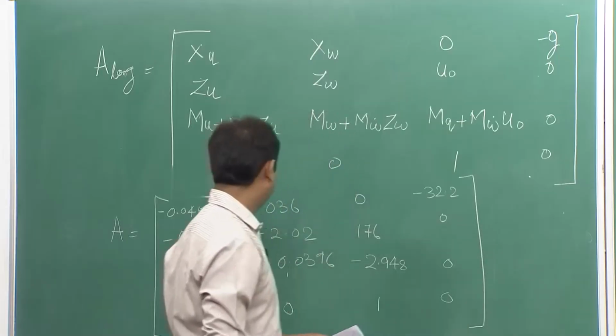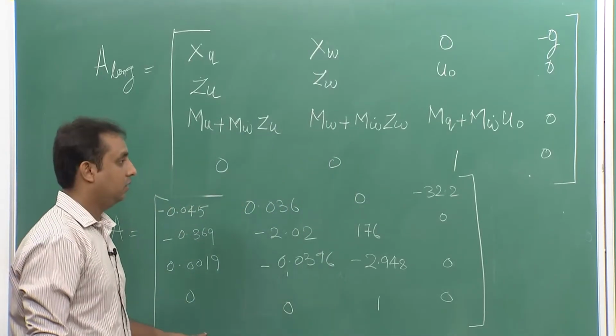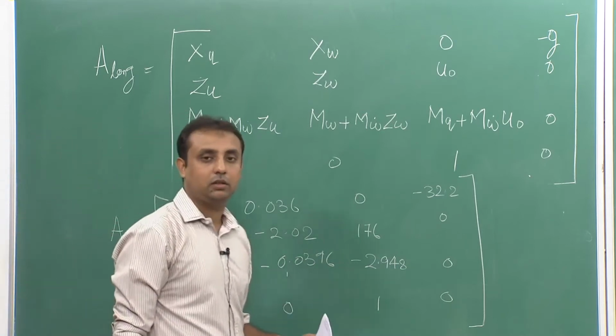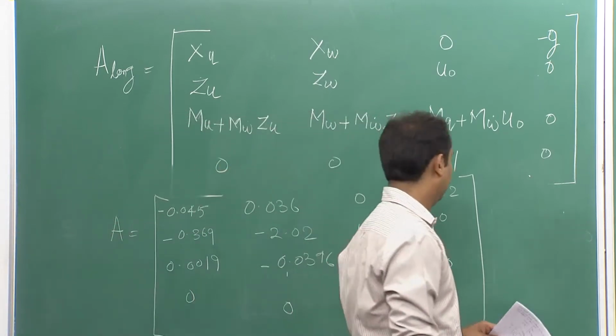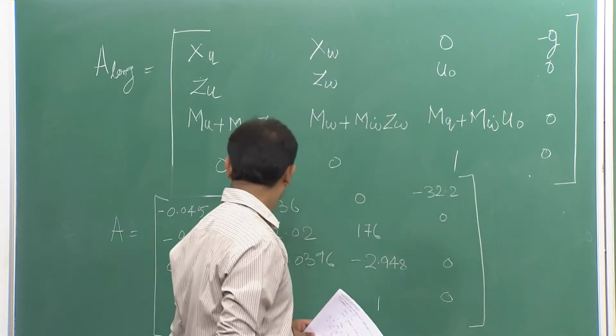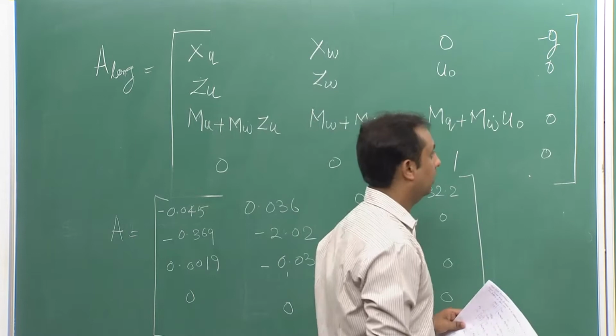Since this is a 4 cross 4 matrix, the order of the characteristic equation will be of the 4th order. So let's derive the characteristic equation using this formula.